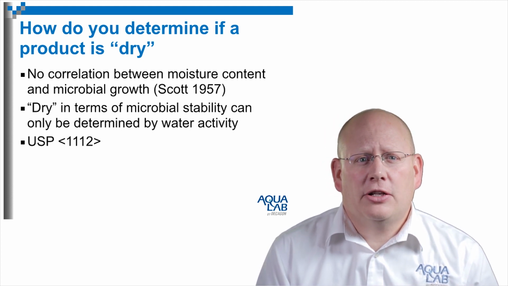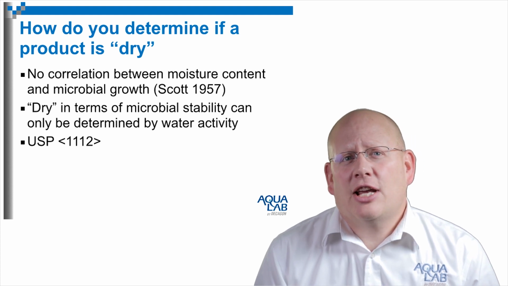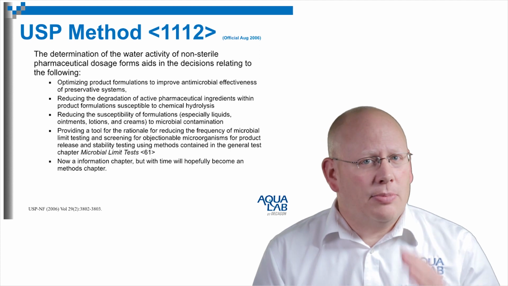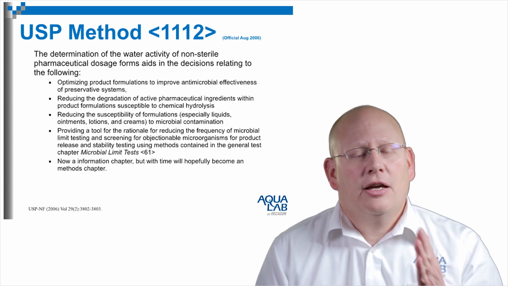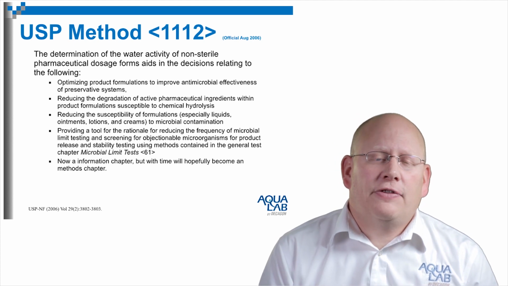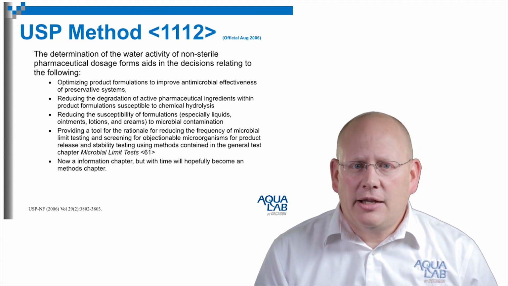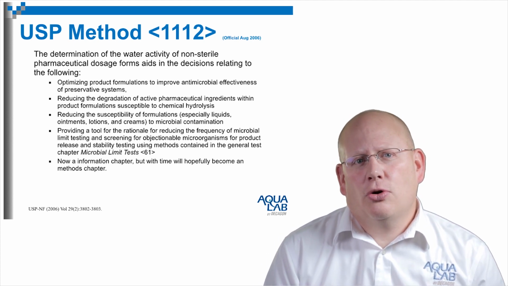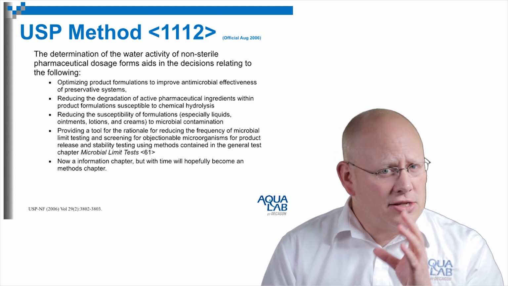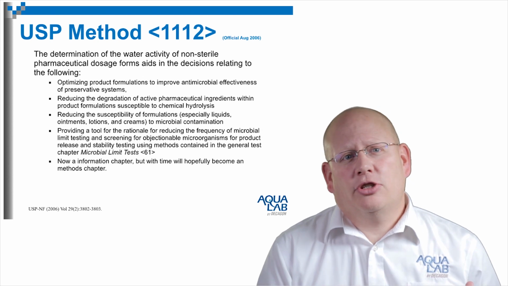That's even verified through USP chapter 1112, an informational chapter that talks about this idea of water activity being what controls microbial growth, and there being justification for eliminating microbial limits testing if you can show that your product is intrinsically dry because it has a low water activity and will not support growth.